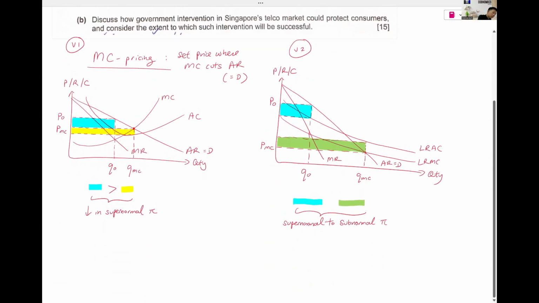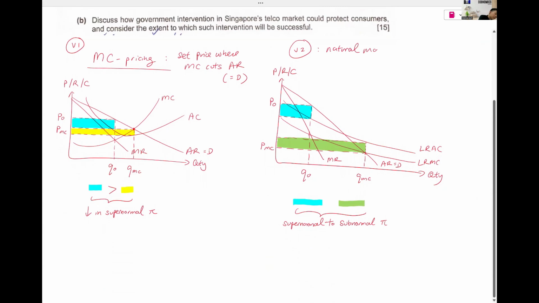Version 2 is a natural monopoly diagram. Can you tell me what you know from the term natural monopoly, other than it's natural to have a monopoly? Even if you say that, why is it natural to have a monopoly? What are some features? Why is it natural to have very high barriers to entry?